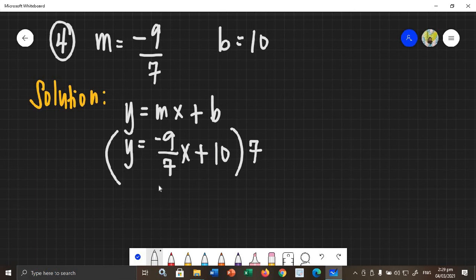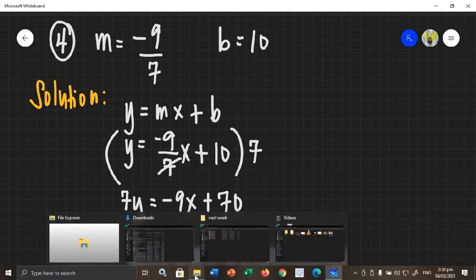So, y times 7 is equal to 7y, equals negative 9 over 7x times 7, maka-cancel out lang yung denominator niya. So, the answer is negative 9x. And then, 10 times 7 is equal to positive 70.